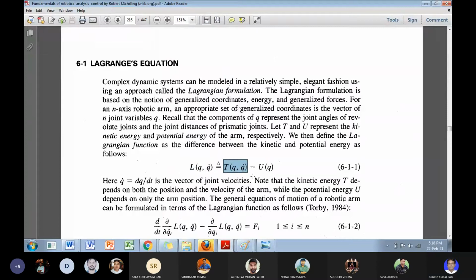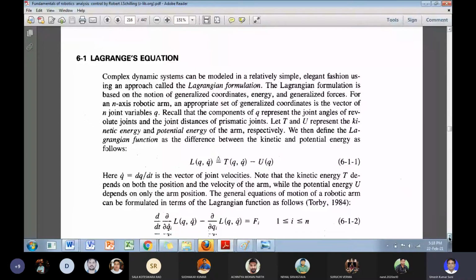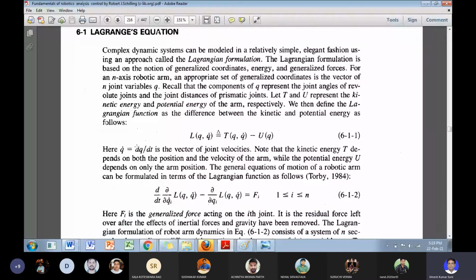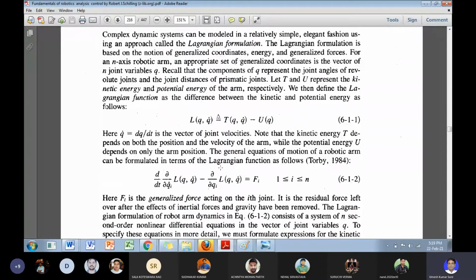And here we know that the potential energy is only affected by the position of the link. It is not affected by the velocity of the link. So here we have not taken the q dot. q dot is the derivative of joint variables. This is a vector, and so we define a Lagrangian function.